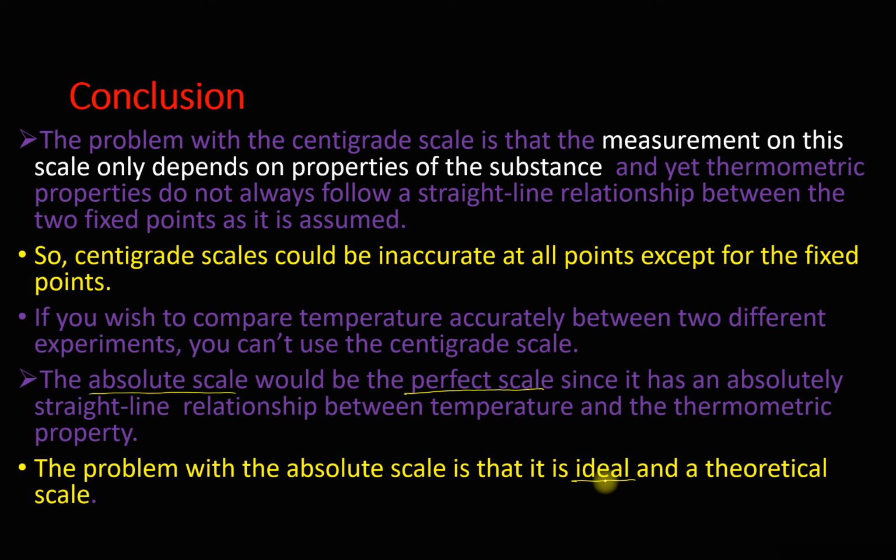We don't have such a scale in real life. But scientists believe it was possible. If it was possible to have such a scale, it would be the perfect scale for measurement of temperature, because it wouldn't depend on the thermometric substance used in the thermometer, or on the thermometric property of that substance. Unfortunately, it doesn't exist. It is just a theoretical scale.